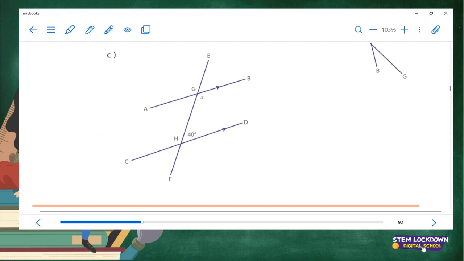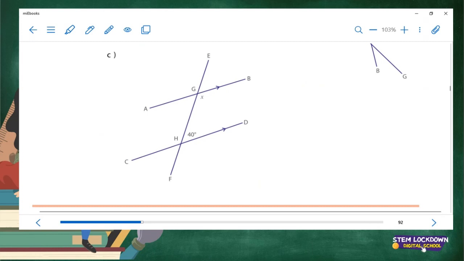So it means you have to subtract 40 from 180 degrees, and you'll be left with 140. This means that the value of X will be 140 degrees, because if you add the two, 140 and 40, you get 180 degrees. And of course, these are the co-interior angles, as we have already indicated.